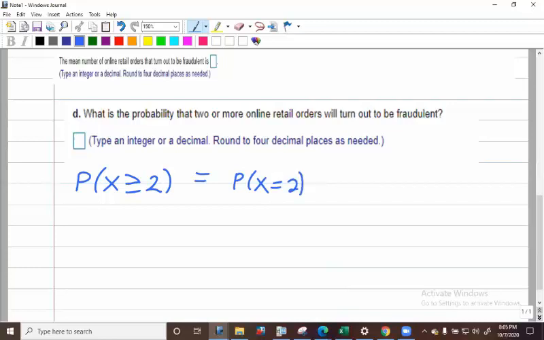Plus 3 plus dot dot dot all the way to 25. That's 23 calculations. I mean, even though we're using Binom PDF, that's still a pain in the butt. We don't want to have to add up 23 of these, do we? I don't want to. Not when I can show you a better way to do it.